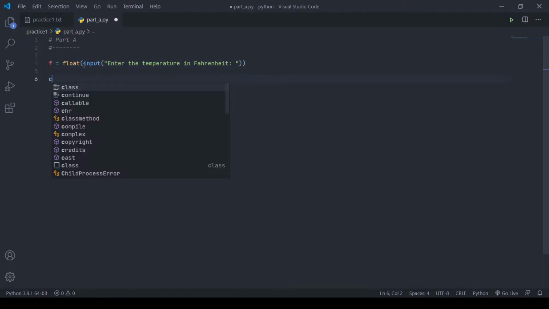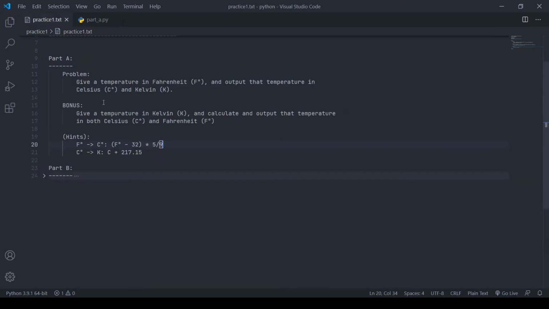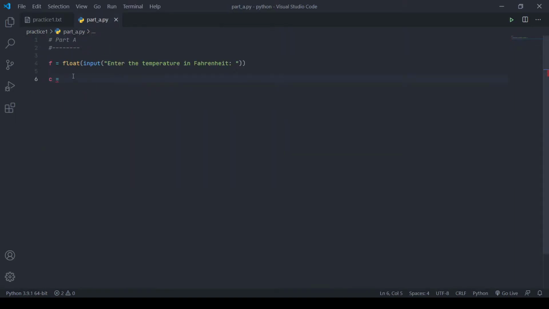So then to calculate Celsius, let's go ahead and look back at the formula. You'll see it's Fahrenheit minus 32 times 5/9. So I'll wrap this in parentheses, Fahrenheit minus 32 times, and then I'm going to wrap this in parentheses too because it's a constant.